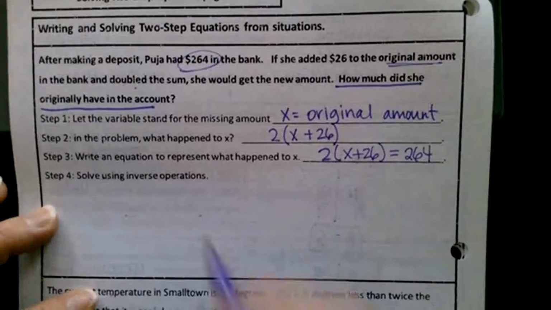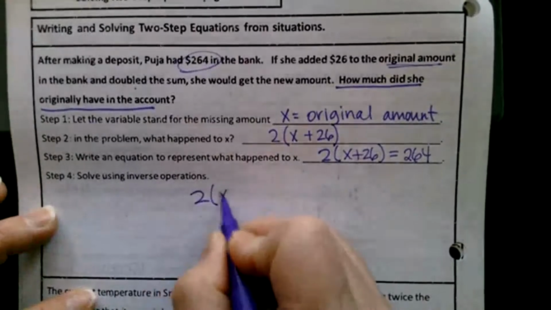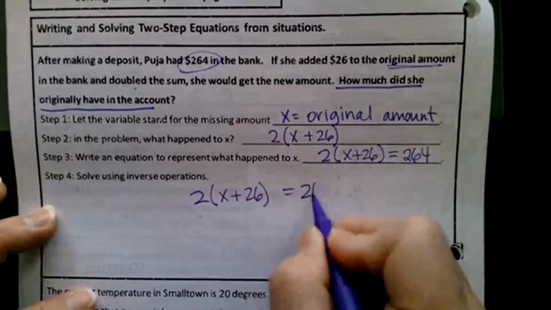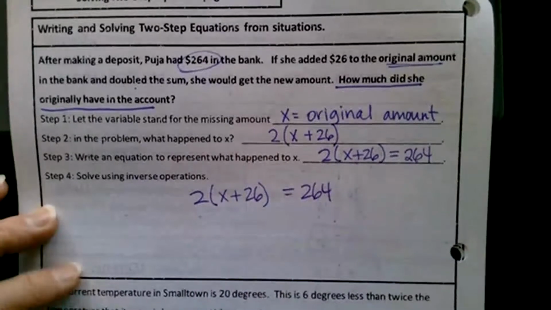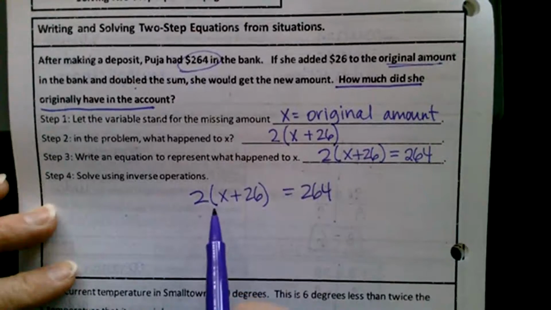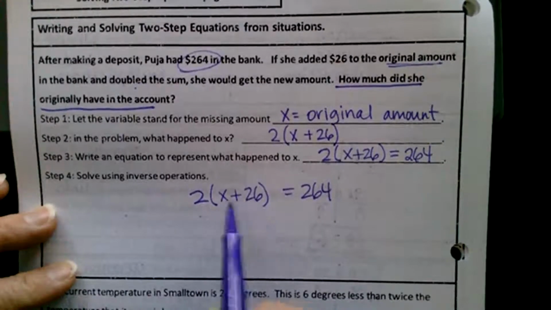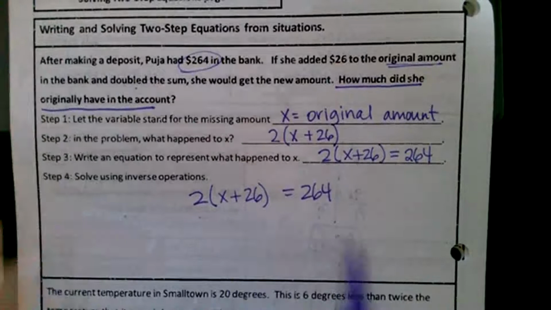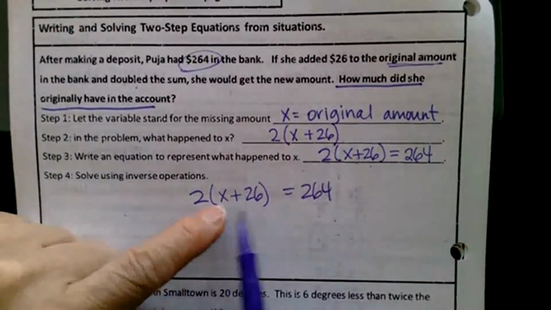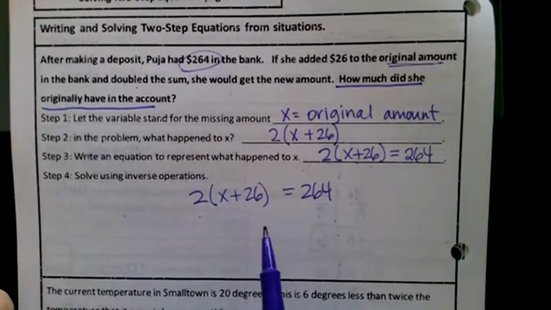Okay, now I'm going to solve. This one has an extra step in it because of this parentheses. We're going to go back to what you learned in lesson 6.1, which was to distribute. Whenever I have a number right up next to a parentheses, and I have operations inside, if I have a variable in there, I can't add those two things together.